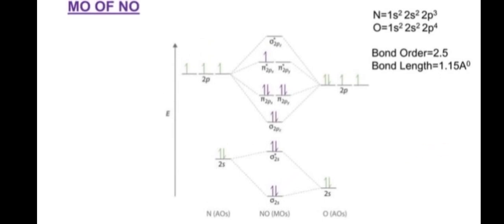Now if you calculate its bond order, take the bond order formula, that is the number of bonding molecular orbital electrons minus the number of anti-bonding molecular orbital electrons, divided by 2. To calculate this, first we should understand how many bonding molecular orbitals are present and how many anti-bonding molecular orbitals are present with electrons. Let us go for this.